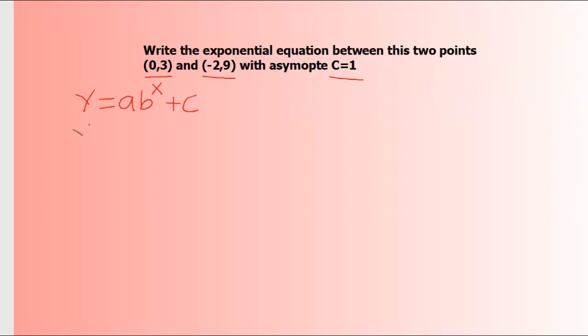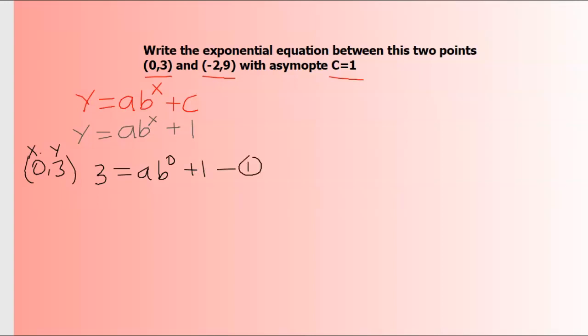Here we have been given c to be 1. At point (0, 3), remember this is x and this is y, we plug it in: 3 equals a b to the power 0 plus 1.